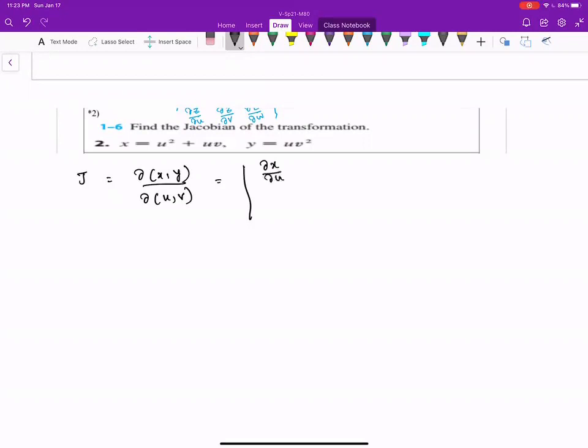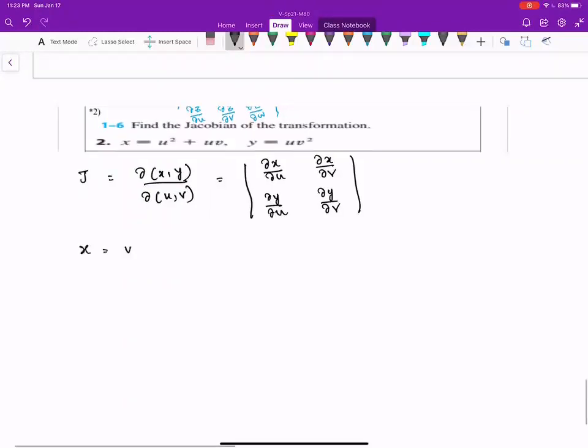Partial xy with respect to uv is written in terms of a 2 by 2 determinant: dou x by dou u, dou x by dou v, dou y by dou u, dou y by dou v. We are given x equal to u square plus uv and y equal to uv square.